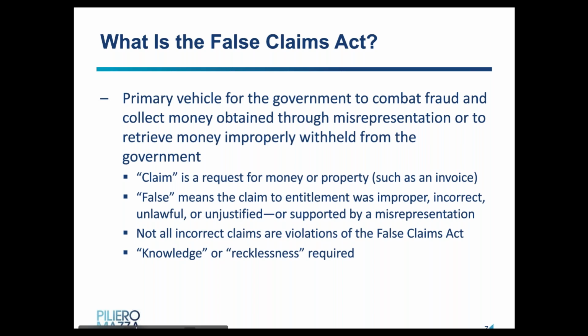All False Claims Act violations require a knowledge component, and that knowledge component is either actual knowledge, in other words, you knew that you were doing wrong and you did it anyway, or recklessness or deliberate indifference, which are two versions of a very similar concept, which is that you recognize that there is a risk that you are committing a False Claims Act violation or making a misrepresentation to the government, but in light of that risk, you still made the request anyway.